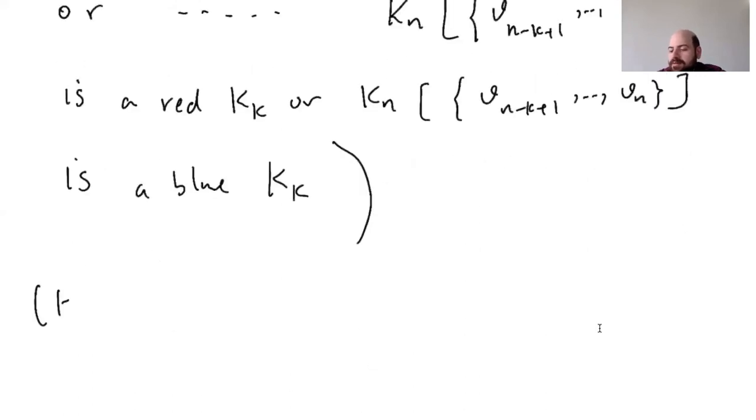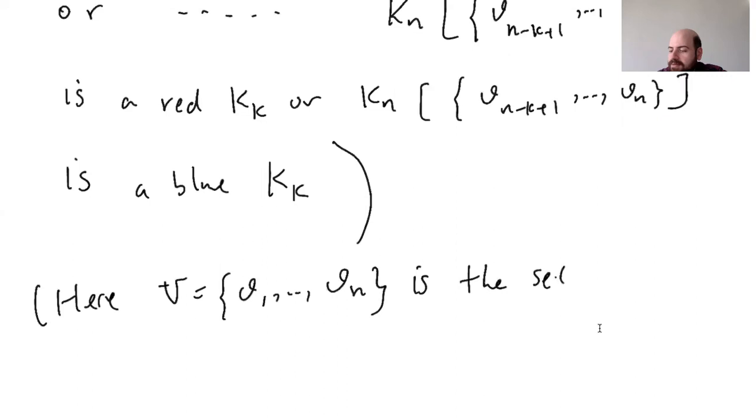So here V equals V1 to Vn is the set of vertices.